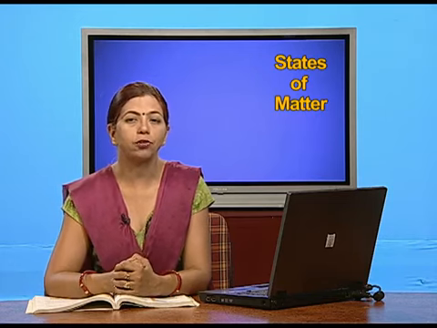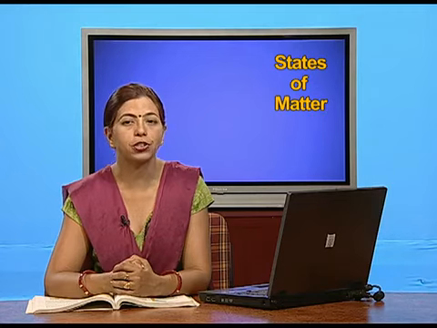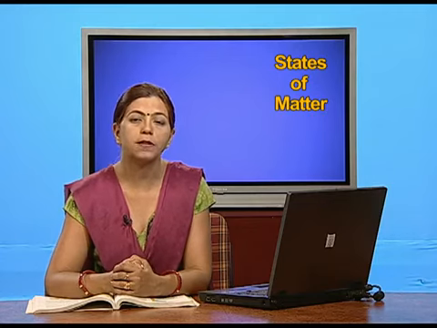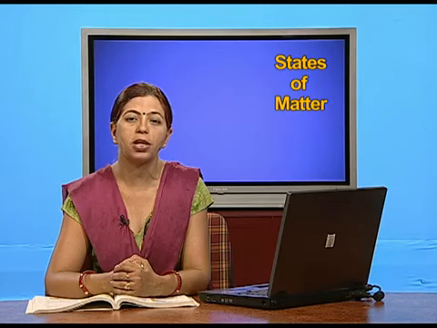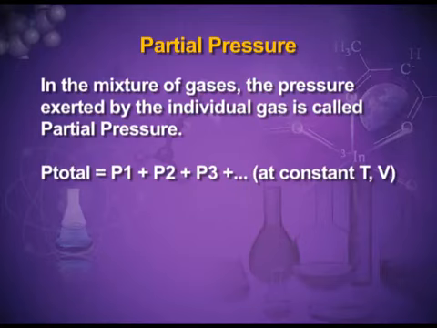For example, if we mix 2 or 3 or 4 gases which are non-reacting, then the total pressure will be equal to the sum of the partial pressure of each gas. In a mixture of gases, the pressure exerted by an individual gas is called its partial pressure. P total equals P1 plus P2 plus P3 and so on, at constant temperature and volume.